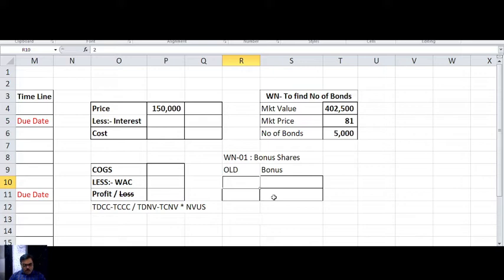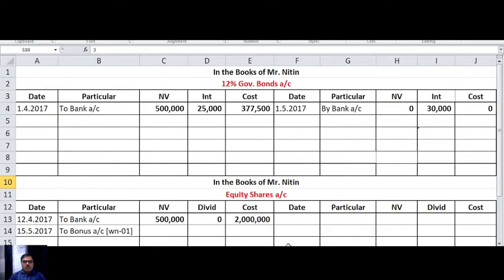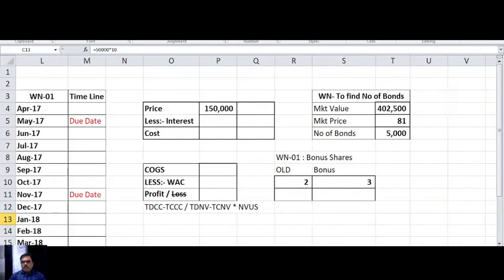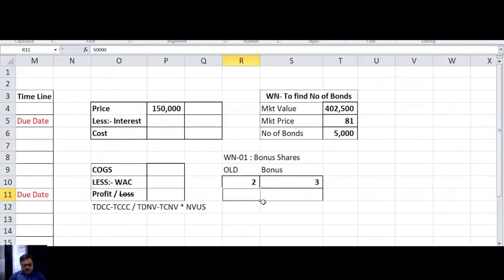If you are holding 2 shares, company is going to offer 3 shares. For every 2 shares, company is going to give 3 shares. Now how many shares is Mr. Nitin holding? Nitin is holding 50,000 shares. So how many shares is Nitin going to get?